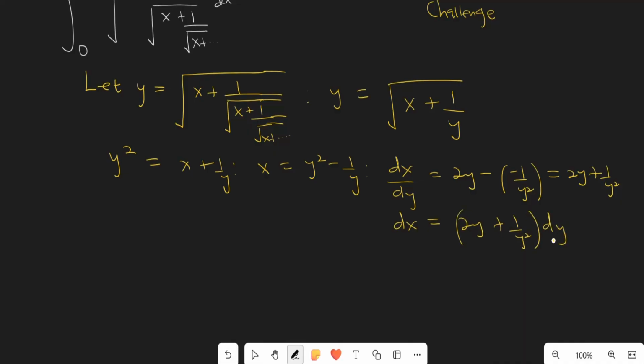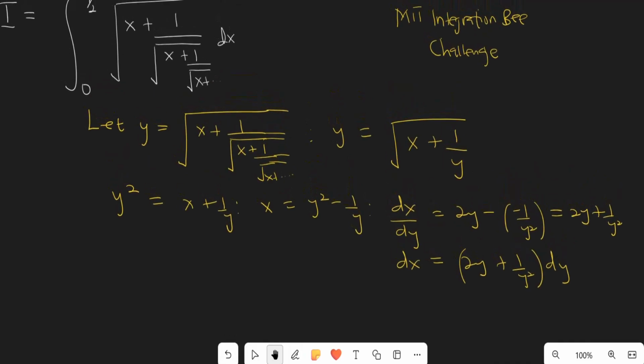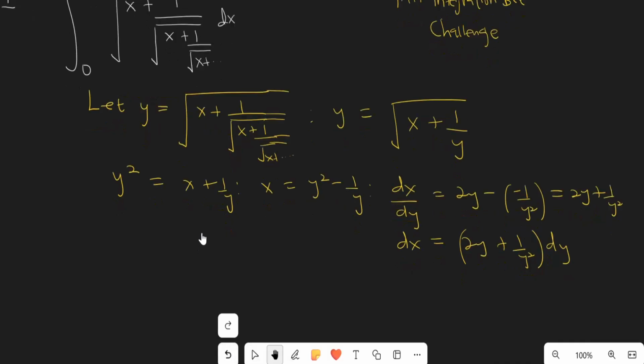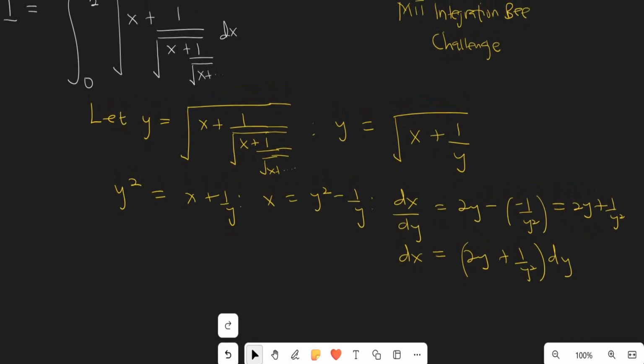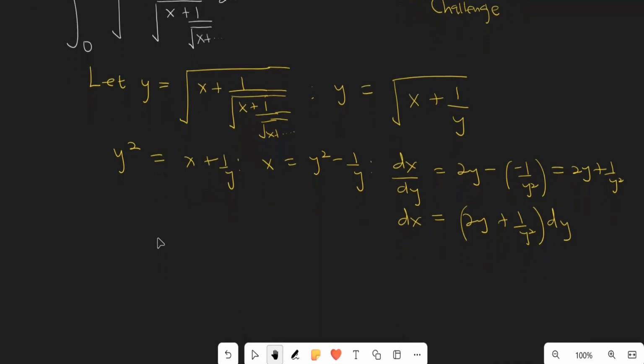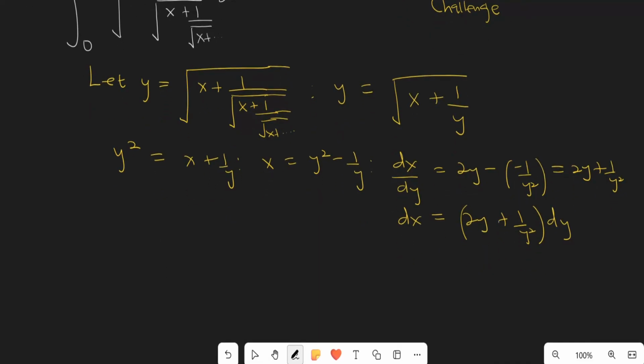So we have an expression for dx in terms of the new variable y, and this is y, our integrand. Now next is to find the change in limits. x is the original variable, so we now have to find the limits for y. The lower limit of x is 0, so we are going to use this expression, x in terms of y.